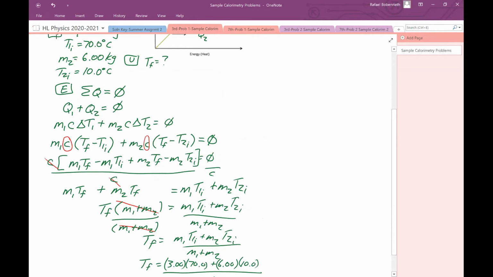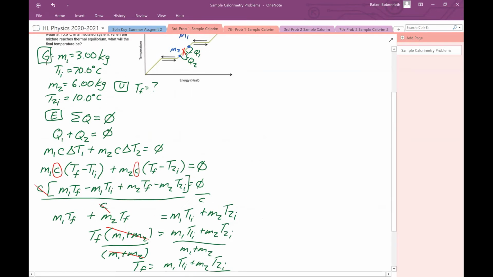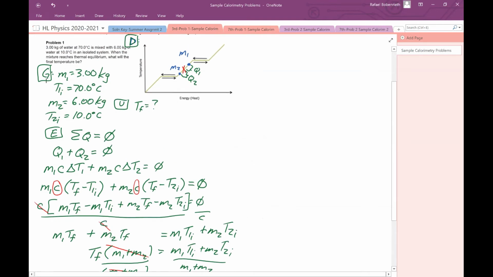Let's go back to the problem. The numbers I gave you in this case are kind of easy. I should say, easy isn't the right word. They lend themselves to some proportional reasoning. Notice mass 2 is twice as much as mass 1, right? So mass 2 is 2/3 of the total mass. So wouldn't it make sense that the final temperature would be weighted 2/3 of the way towards its initial temperature?